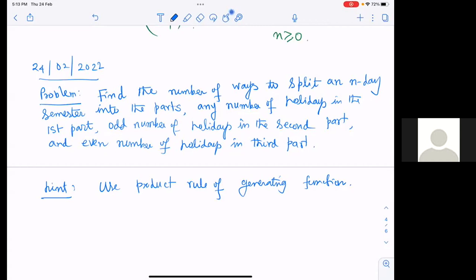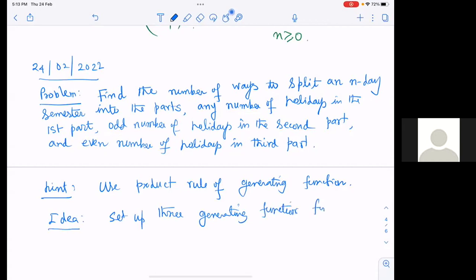Okay, so we can think in a different way, maybe in a purely combinatorial way also, but let us discuss a more systematic way to approach this problem. So what is the idea in this kind of questions? The idea is to set up 3 generating functions for 3 cases.